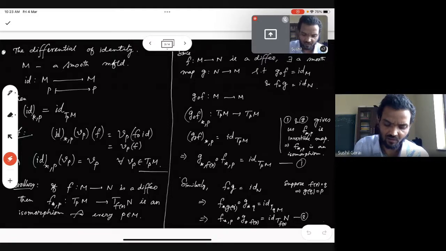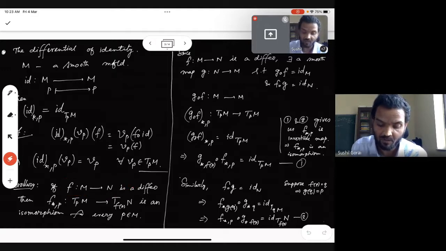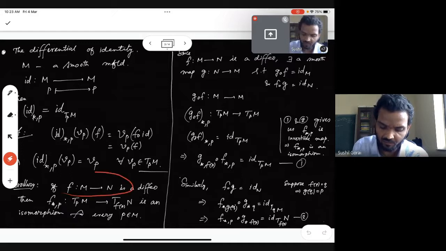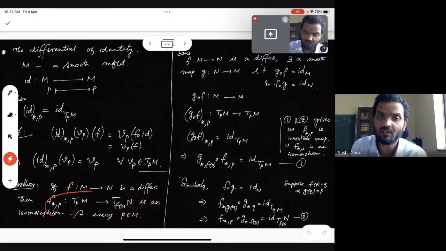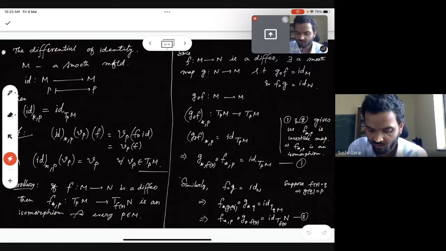And we had a corollary. If a smooth map F from M to N is a diffeomorphism, then the differential at p is an isomorphism of vector spaces. All right, for a diffeomorphism F from M to N, the differential gives you an isomorphism between the corresponding tangent spaces.